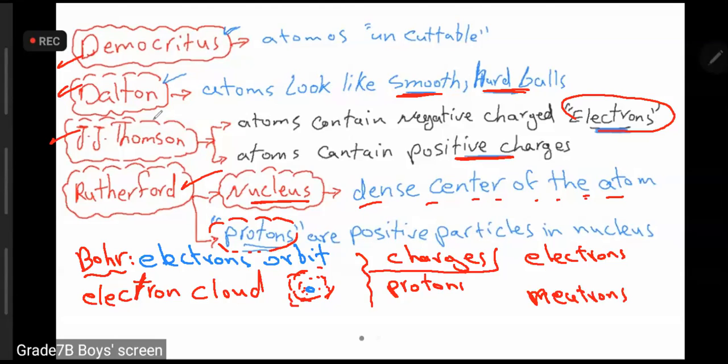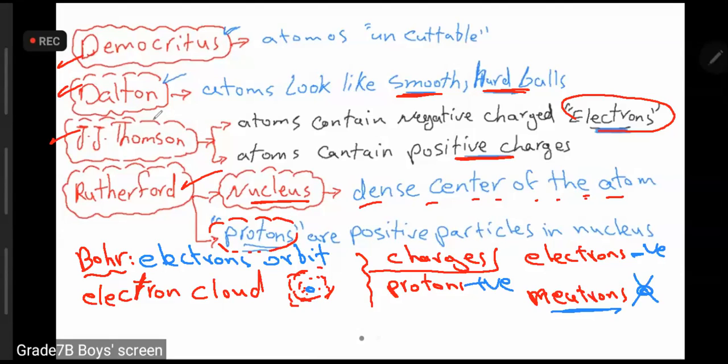We said protons are... yes, Muhammad, positive. And the electrons are negative. And the neutrons, they have no charge.